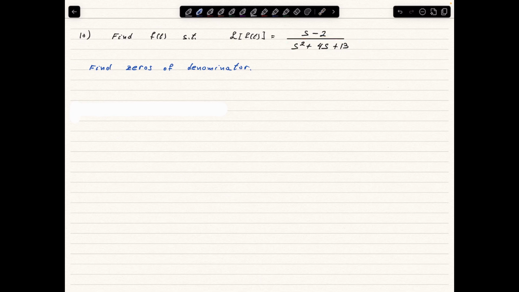So we start with s squared plus 4s plus 13 equals 0, which means that s plus minus is going to be equal 1/2 always. Then we have negative this coefficient, then plus minus the square root of that coefficient squared, which is 4 squared minus 4 times 13.